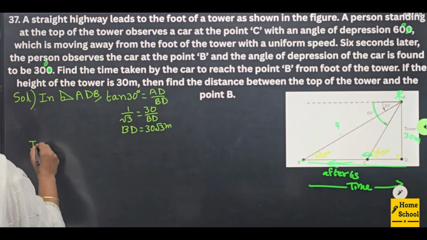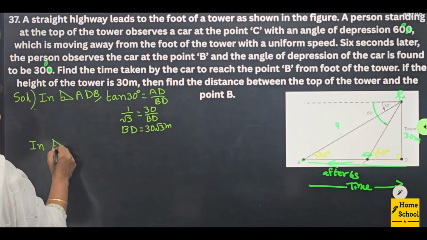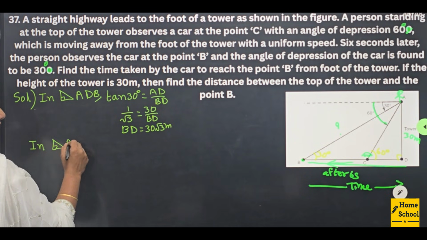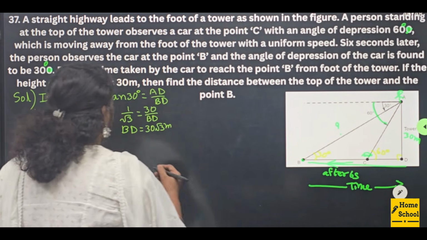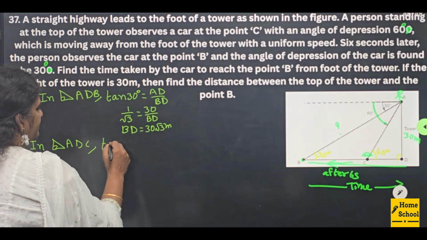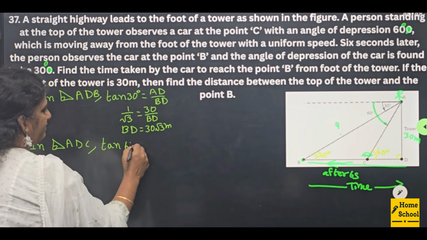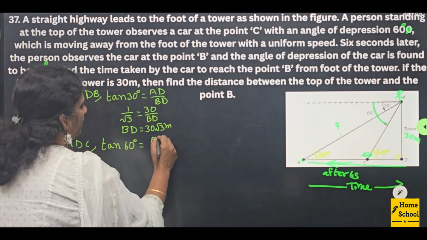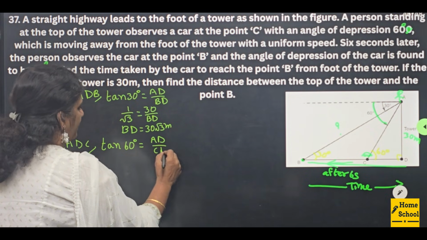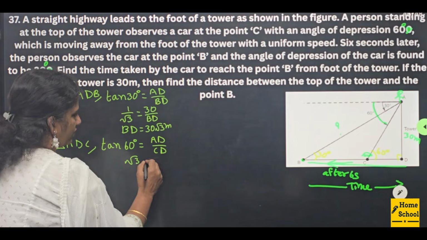Now find another right triangle. In another right triangle, ADC, this right triangle, again the same ratio, tan, and theta value is 60 degrees. Tan 60 degrees is equal to AD by CD. Tan 60 value is root 3.